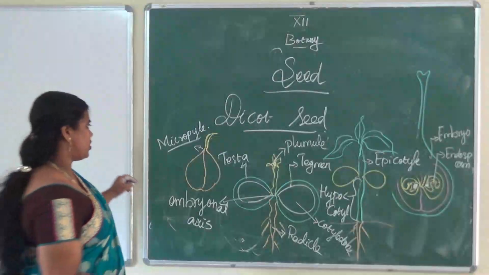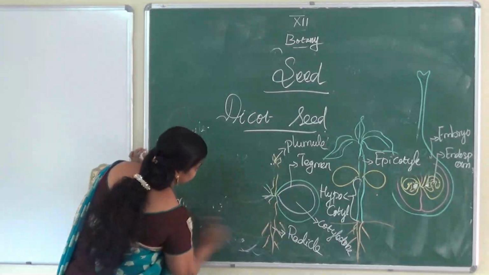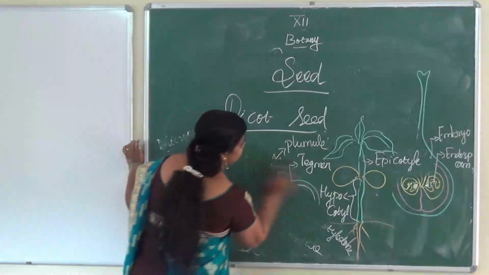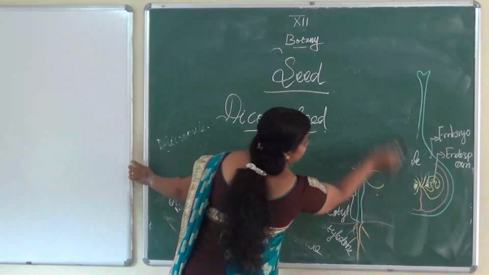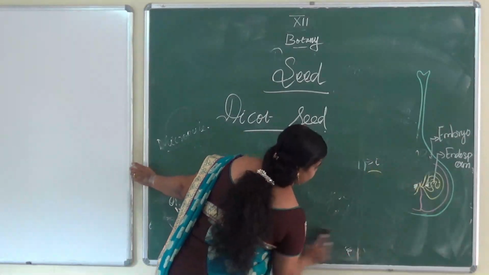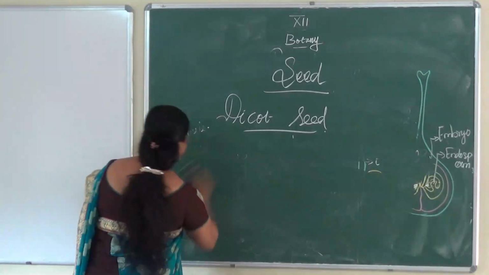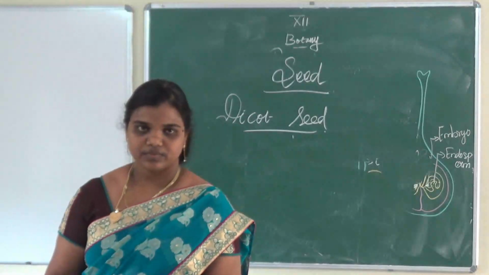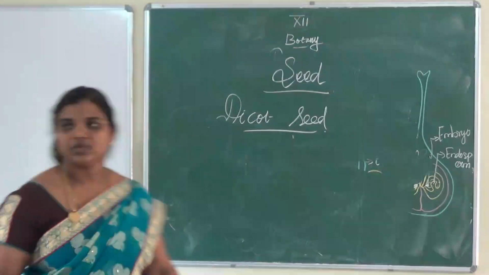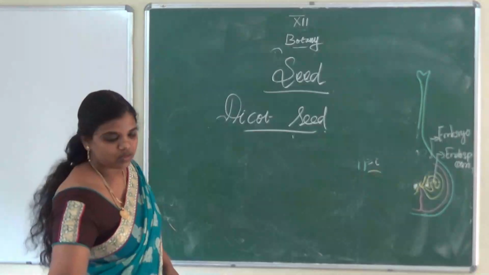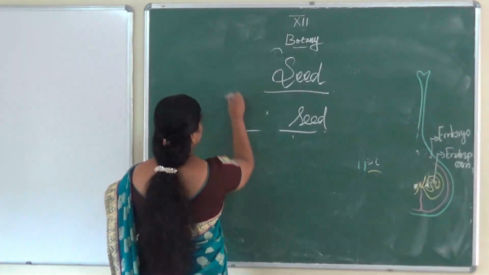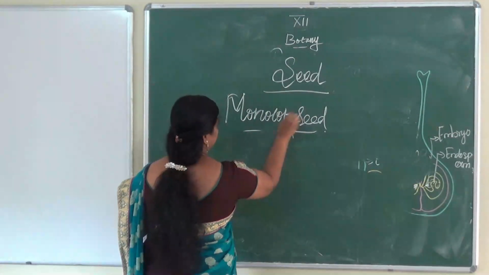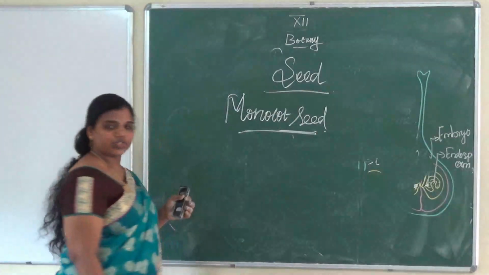Then the monocot seed. Examples of dicots are beans and groundnut also. Then monocotyledon, you know, rice, the monocot seed.